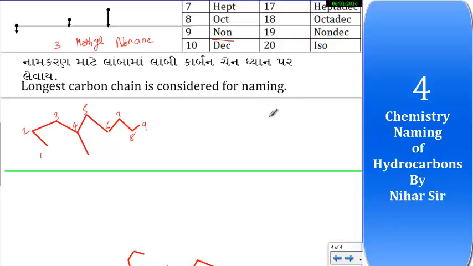First of all, single bonding, so 'an'. There are 9 carbons, so it is nonane, and then there is branching off on number 4. So I will use yl because of branching off. And how many carbons are there in the branching off? There is 1 carbon, so it's methyl. So 4-methylnonane, right? 4 is for branching off on number 4.